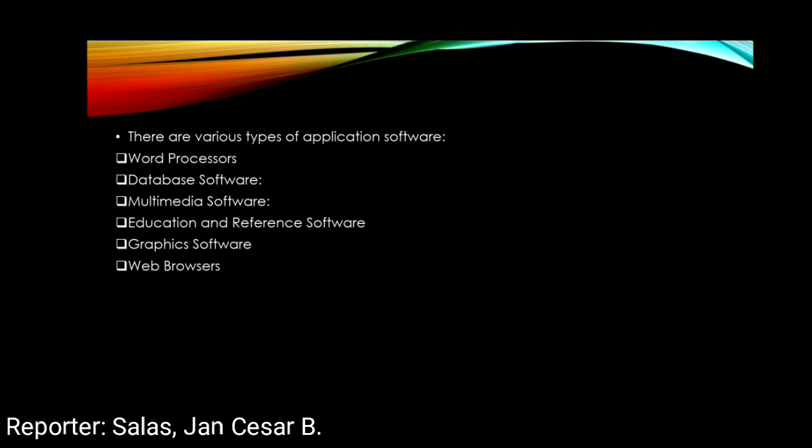Itong word processor software naman ito yung application na tumutulong sa user na mag-type ng words, text, or mag-edit katulad ng application na MS Word. Doon ay gumagamit tayo ng Microsoft Word para mag-type o kaya mag-edit ng mga text.